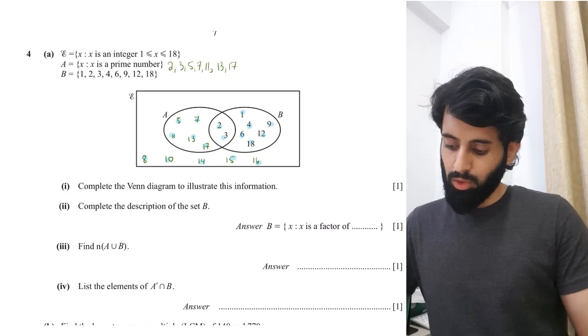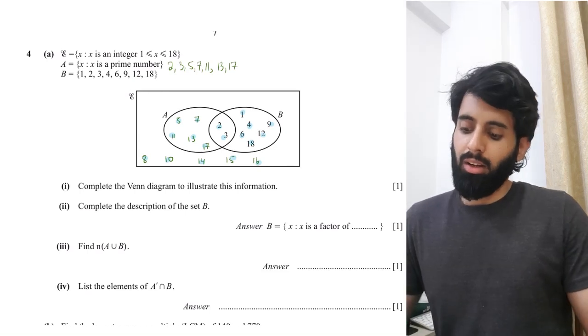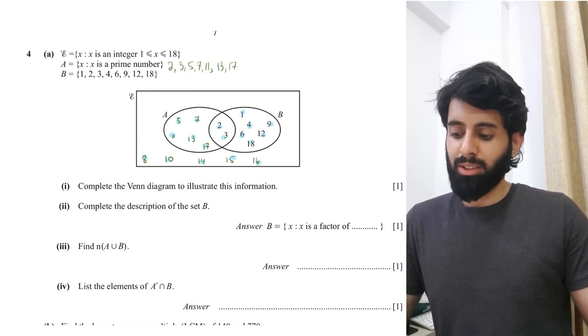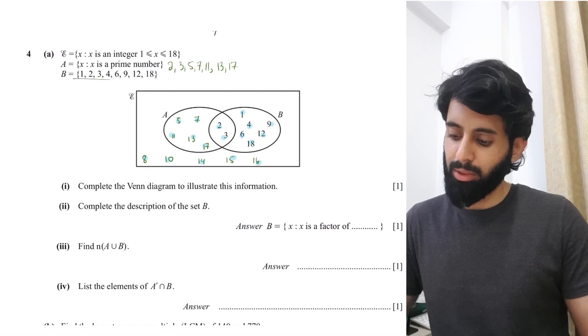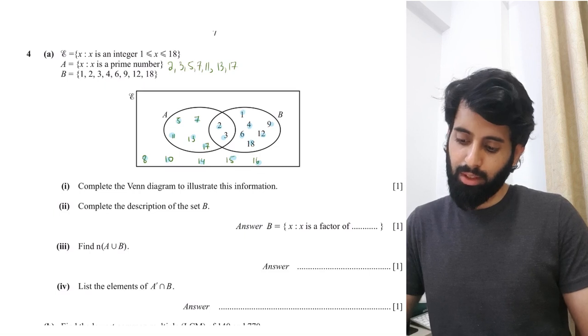So x such that x is a factor of, I already gave away the answer, but basically if I just look at 1, 2, 3, and 4, they can be factors of 24, right?